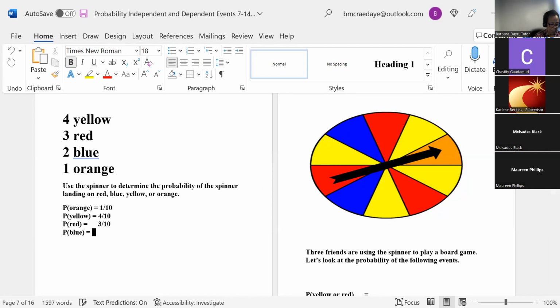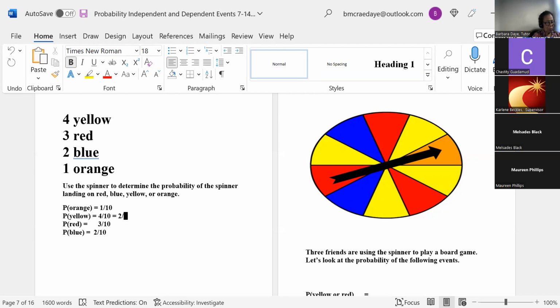Now, let's just simplify these. Sometimes they're not simplified, and your answers may have the simplified version. 4 over 10 simplifies to what fraction? What number goes into 4 and goes into 10? 2.